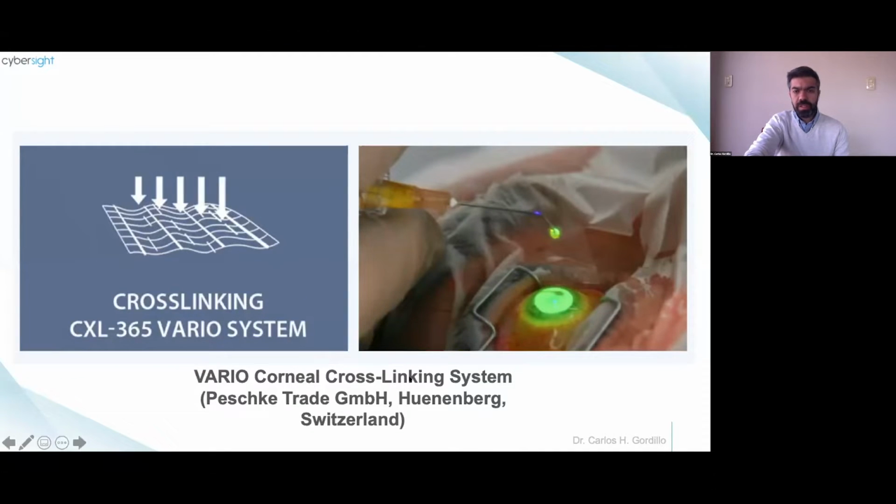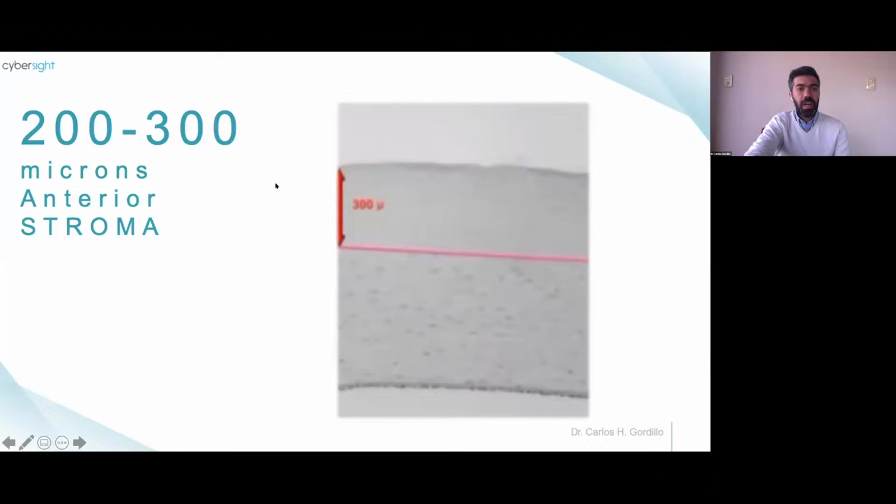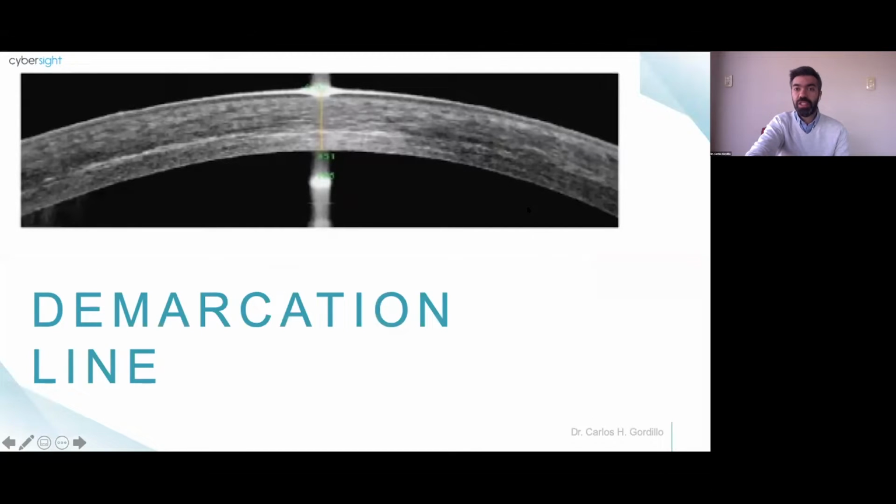So we use this machine. It's pretty good and safe, because you can use 3 different time alternatives. The crosslink is going to act in the 300 anterior microns. So that's very important, because you need to look for this line that is called the demarcation line. It's like the signature that the crosslinking was performed.